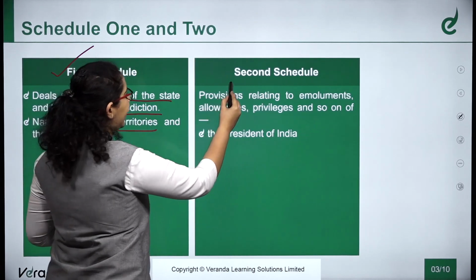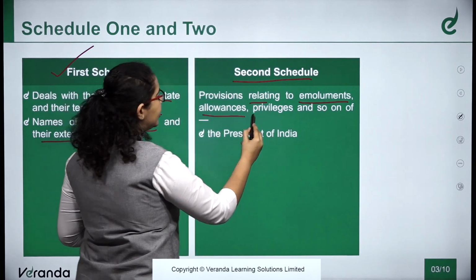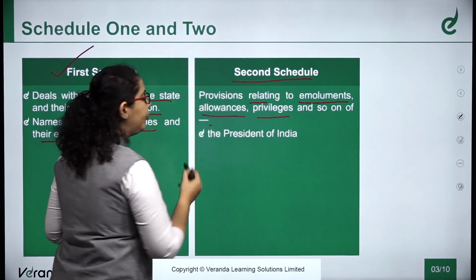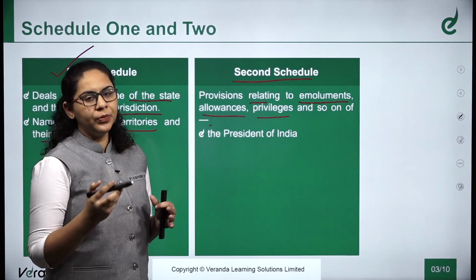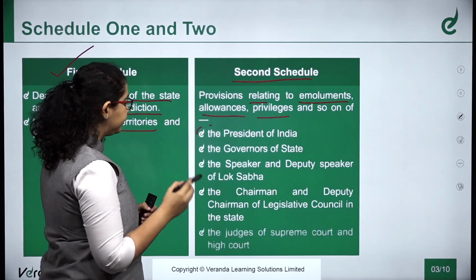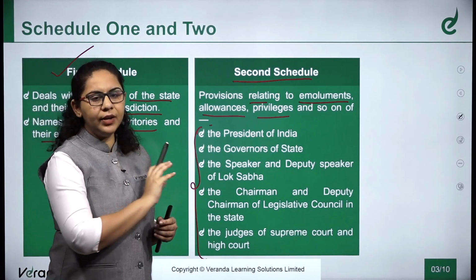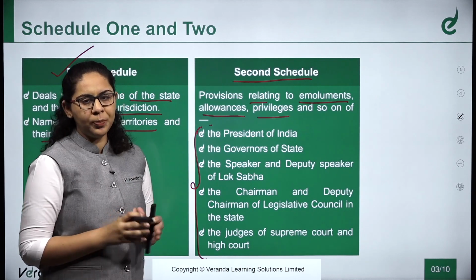In Schedule 2, we have provisions relating to emoluments, allowances, privileges and so on of whom. Remember these names, whatever points I am telling you, because this is direct question for prelims. Every year we get some or other question from schedules or parts.